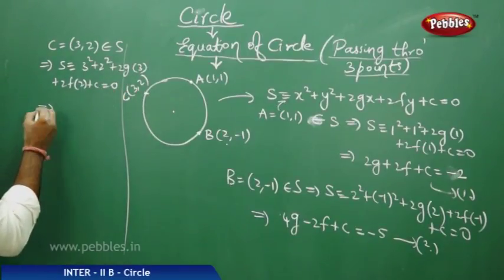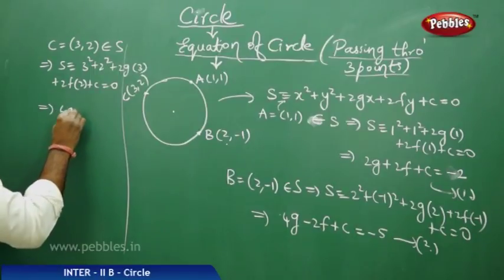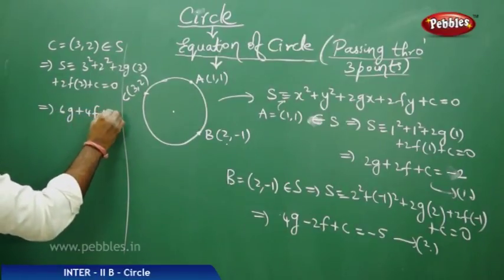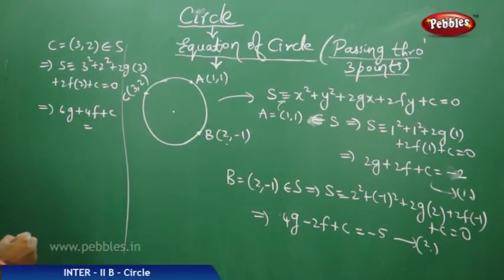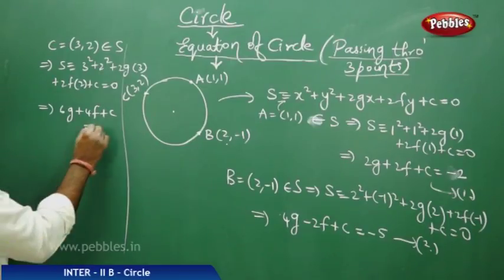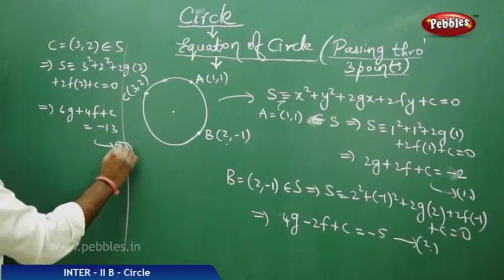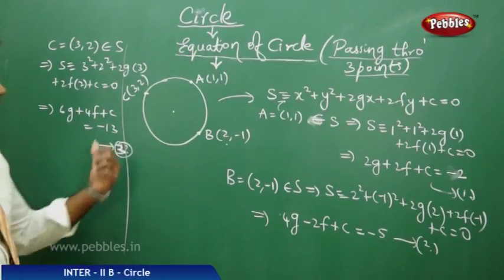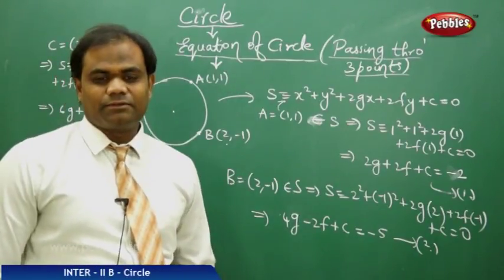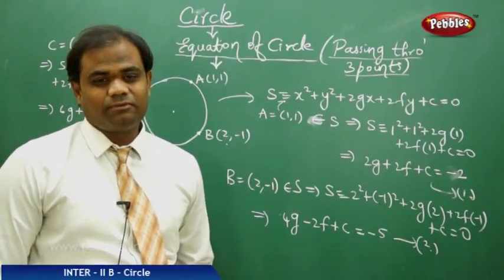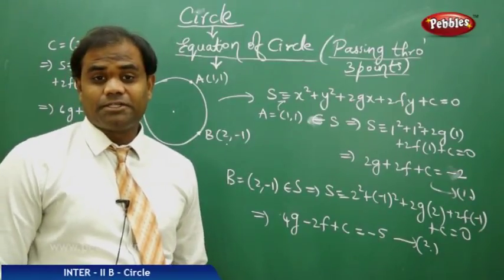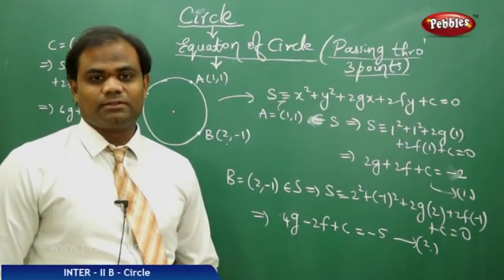Therefore, on simplification this gives 6g plus 4f plus c equals minus 9 minus 4, which is minus 13. Therefore, I have three equations which I have to simplify using the elimination method or the substitution method.